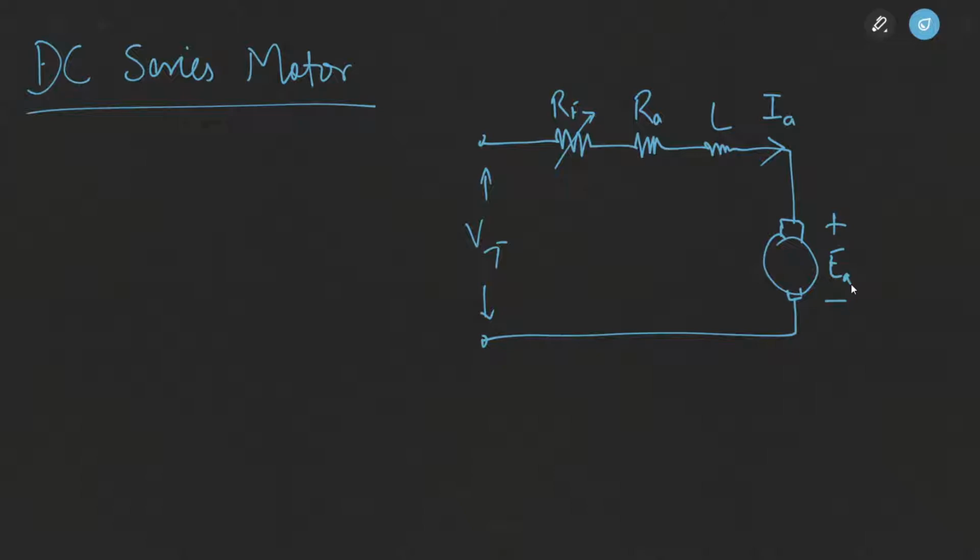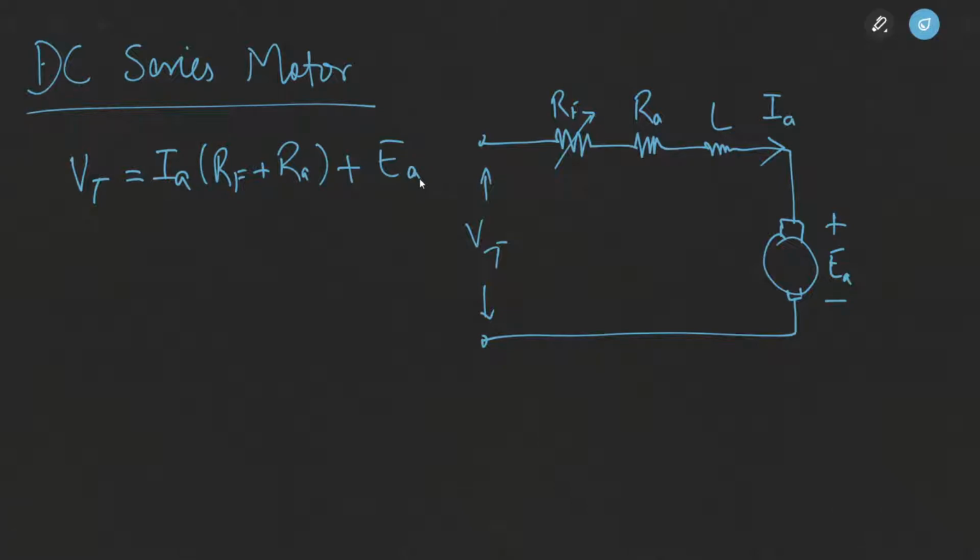So the main difference here being that Vt is equal to Ia into (Rf plus Ra) plus Ea.